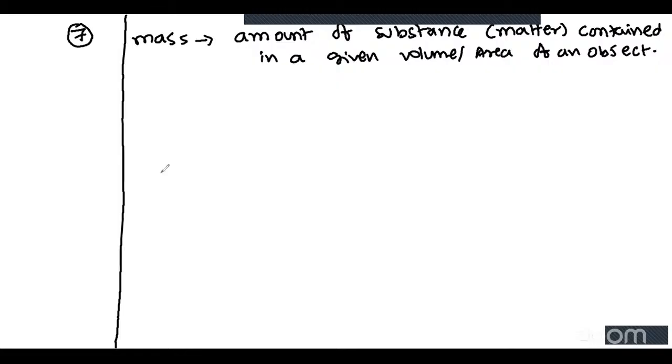Next, let us consider when we can say that a particle is at rest.